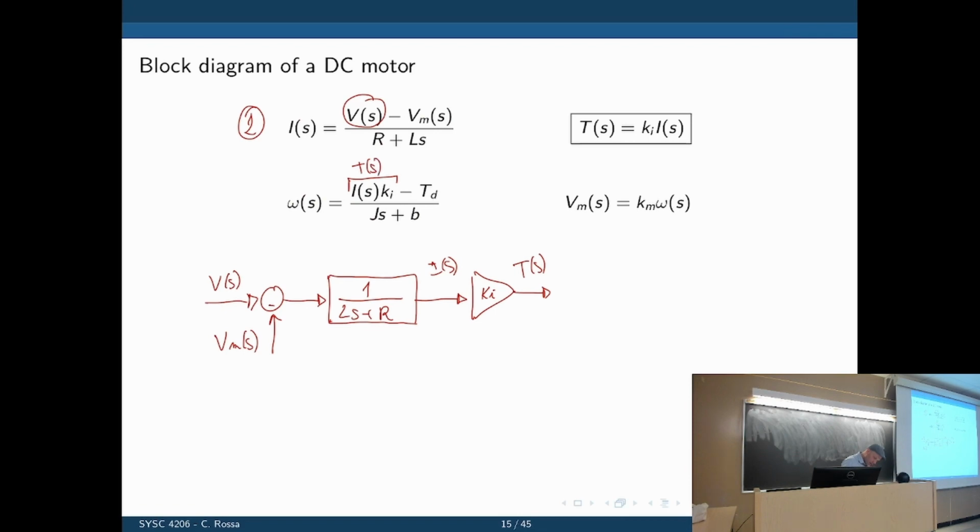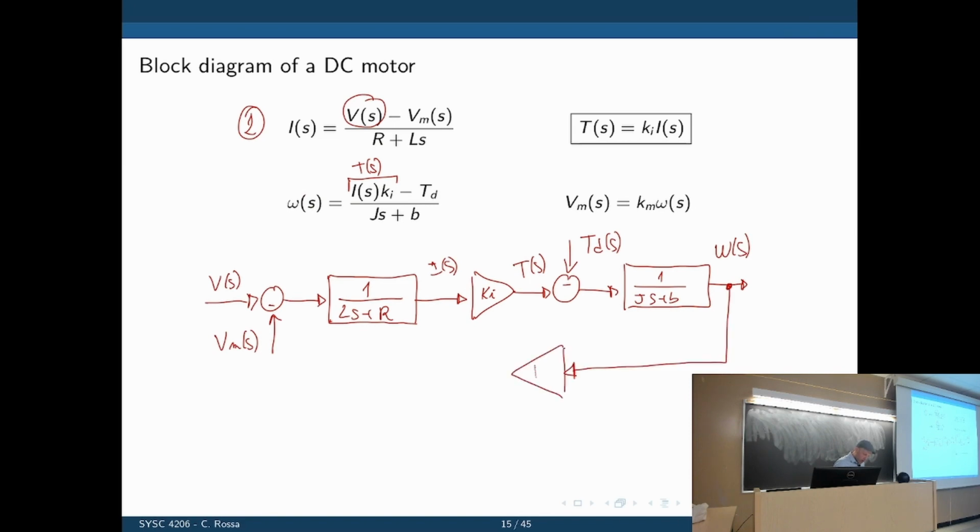T of S minus Td, the load torque, divided by Js plus B, gives the speed. The speed we can multiply by Km to get to Vm. Now we closed the loop.